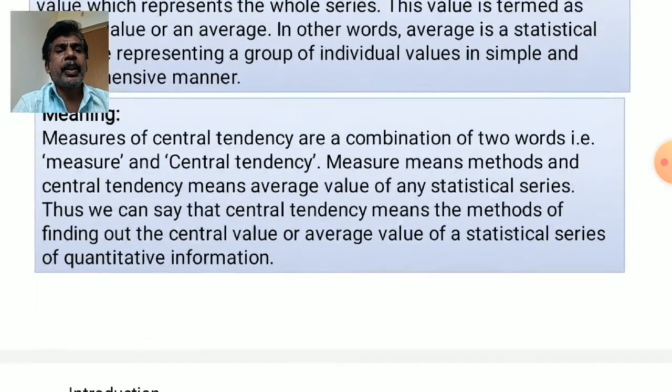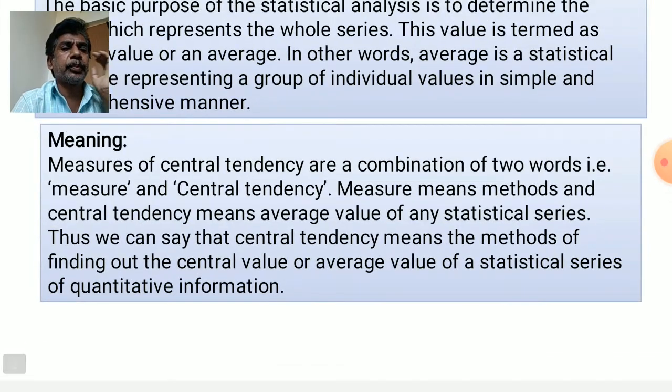Now, measures of central tendency is a combination of two words, that is, measure and central tendency. Measure means methods, and central tendency means an average value of any statistical series.